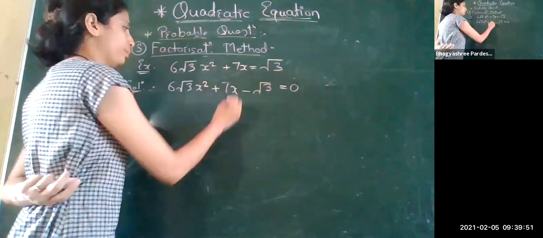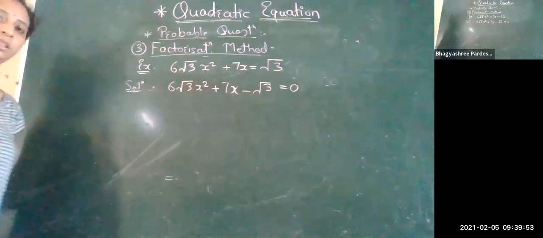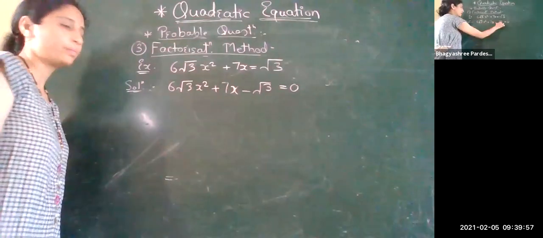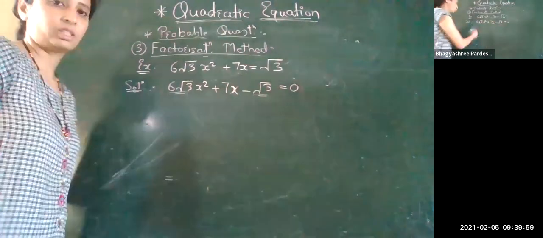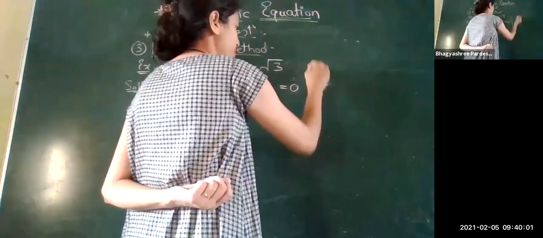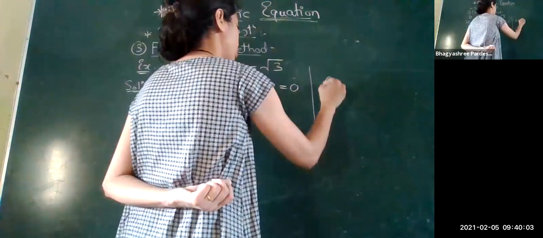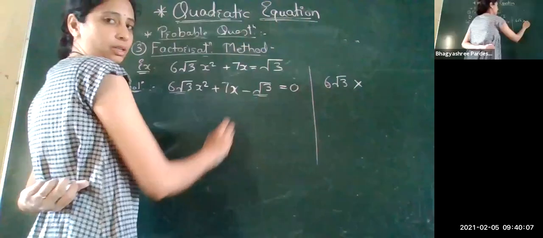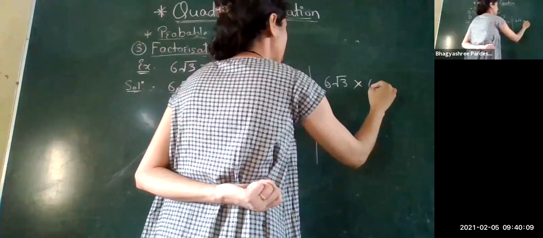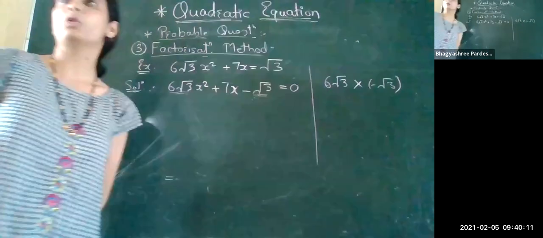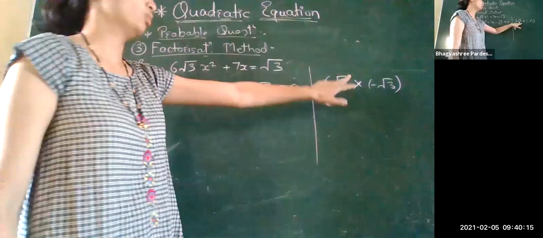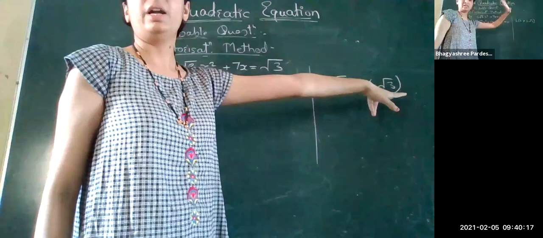Okay. Firstly, we are writing in this standard form. Next, what is our next step? Product of the first and the last one. What is our first term? It is 6√3, multiplied by our last term, which is minus √3. What will be the product here? 6 into √3 times √3, that is the square of 3.